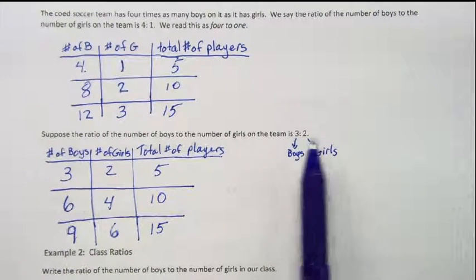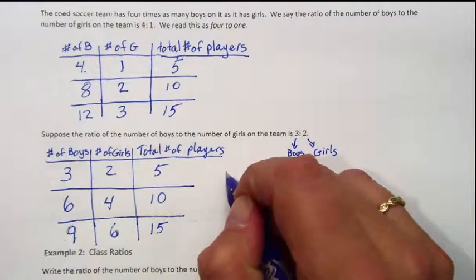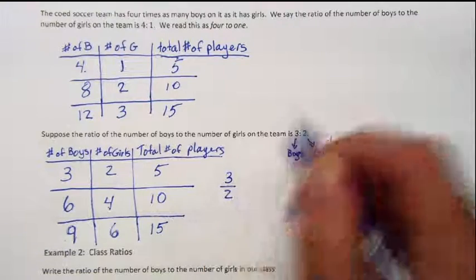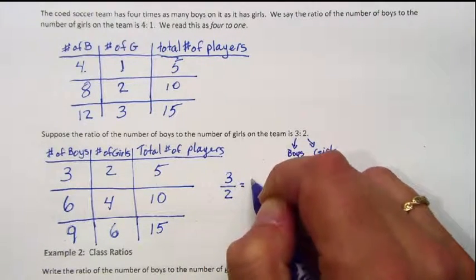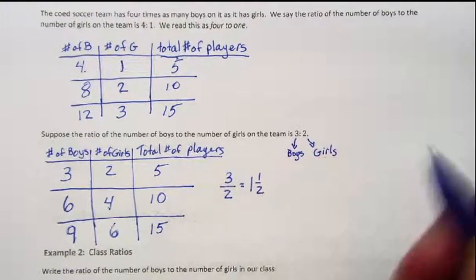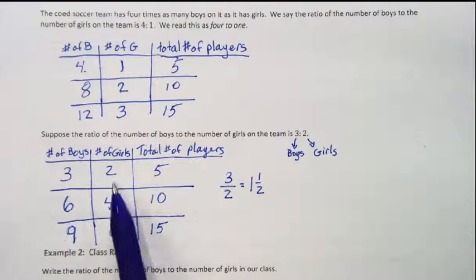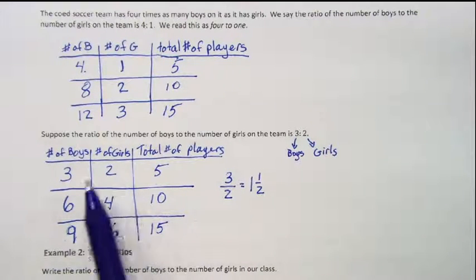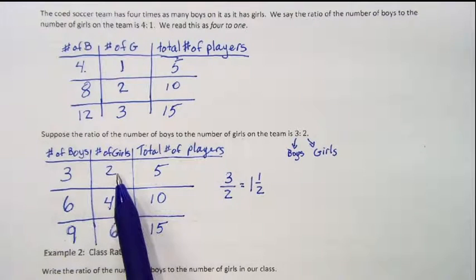If we look at our ratio, it gives us the answer. Think about the number 3 halves. That's the same as 1 and 1/2. There are 1 and 1/2 times as many boys as there are girls.